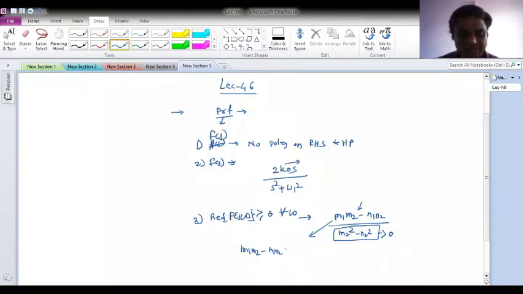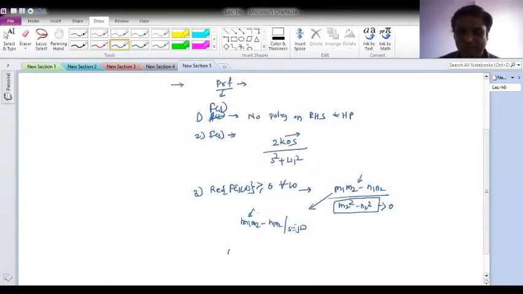This has to be evaluated at s equal to j omega. If we multiply m1 and m2, we get some constant form or s square, and if I replace s square, I simply get minus omega square. So what does it mean?